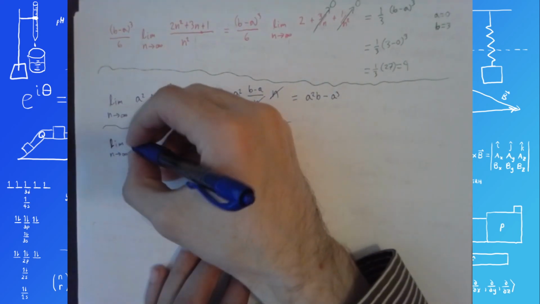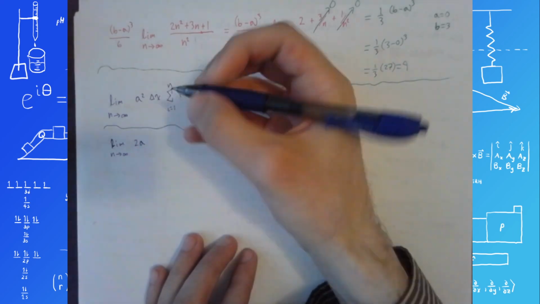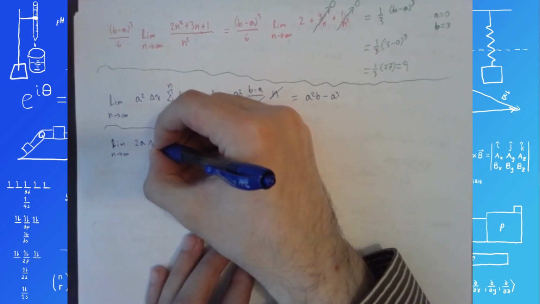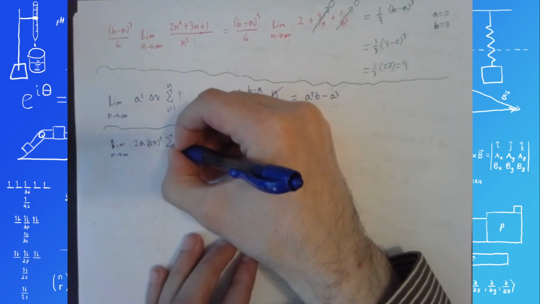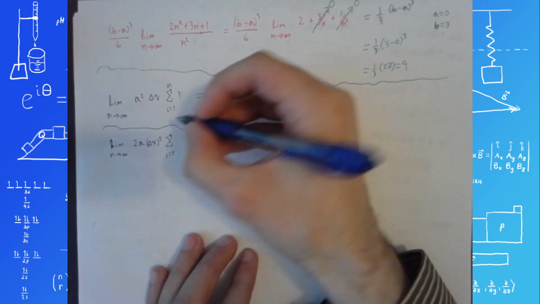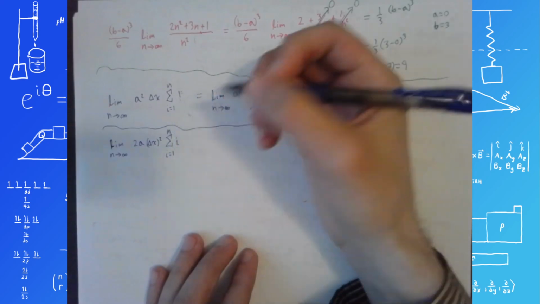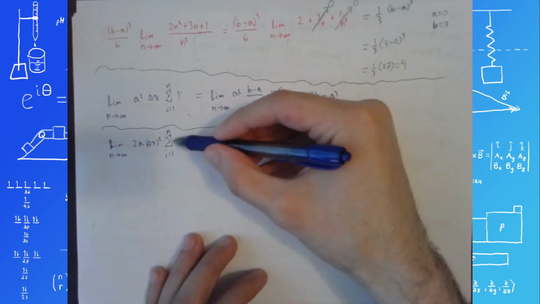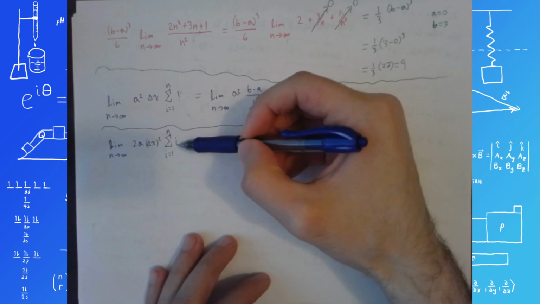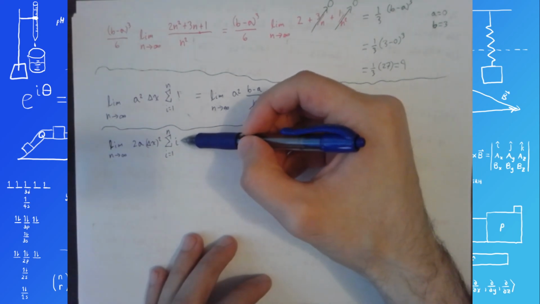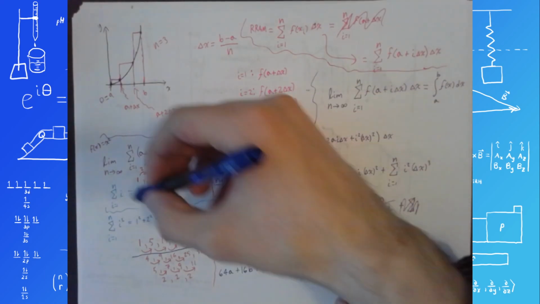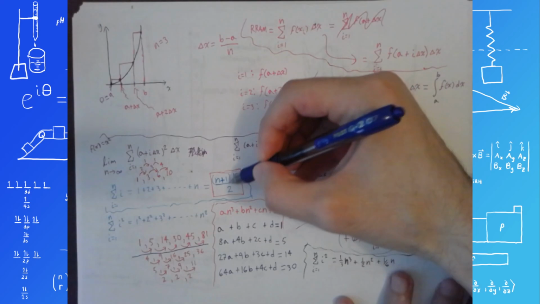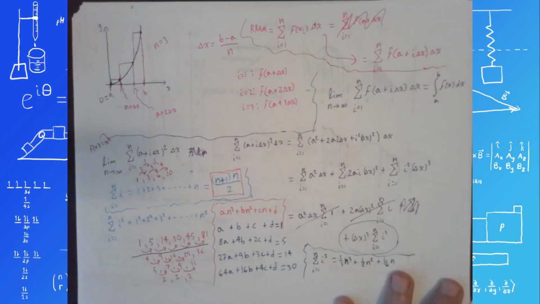Yeah, 2a delta x squared, sum from 1 to n of i. Well, we talked about this sum before. If you just add the numbers, first i equals 1, then it's 2, then it's 3, 1 plus 2 plus 3 plus 4. We talked about that last time. We said that this sum is just equal to n plus 1 times n all over 2.